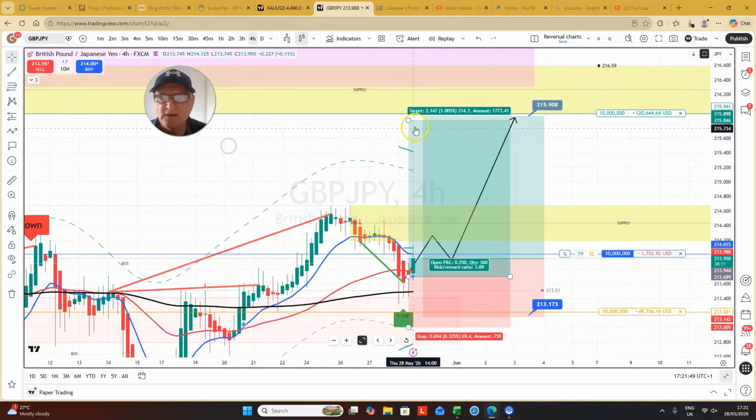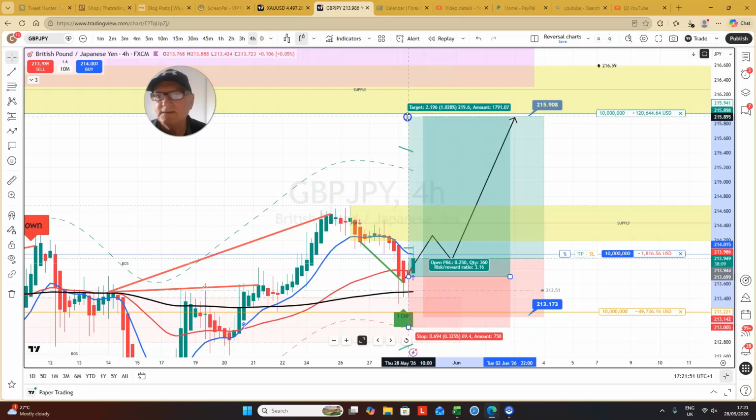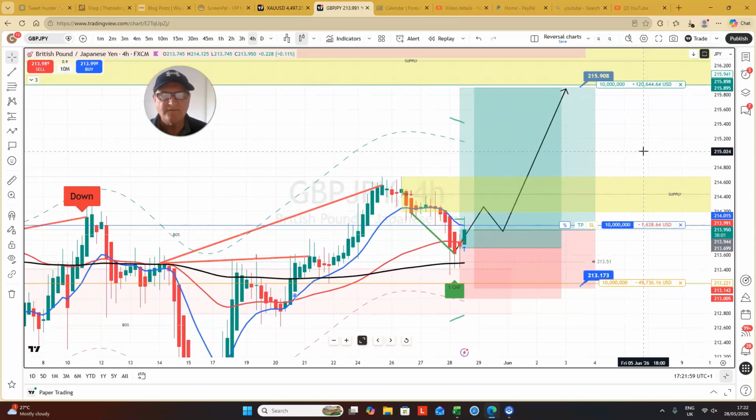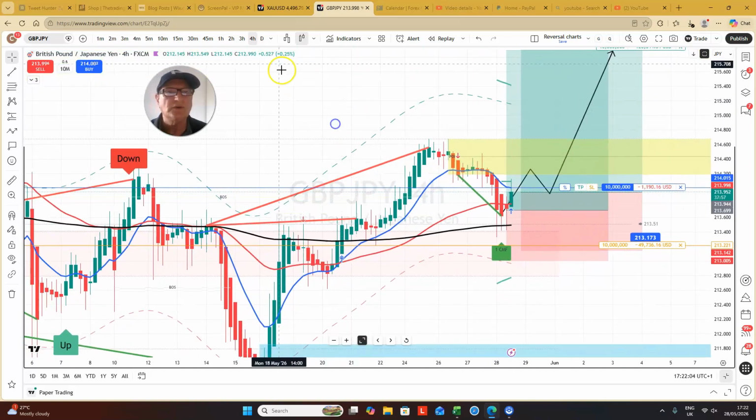We can see that the target is set here, 215.90. I've got my target on as mentioned in the VIP room, so you can use this information to make better decisions if you wish.